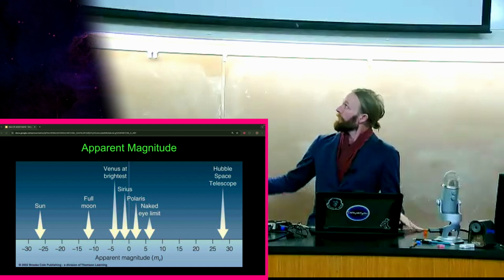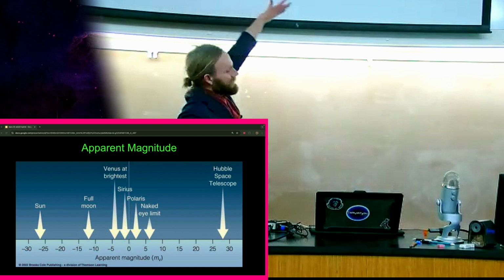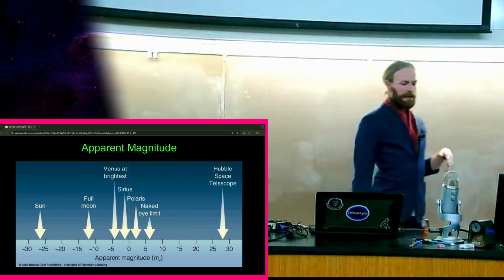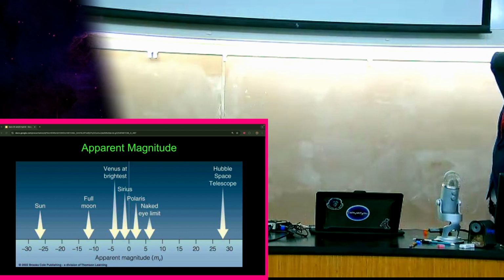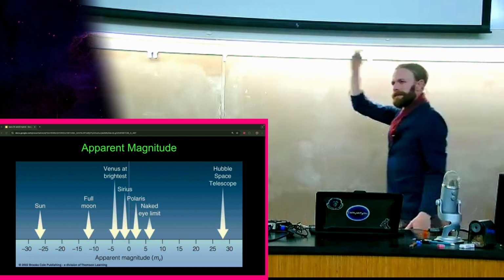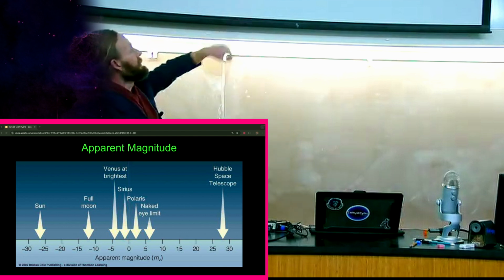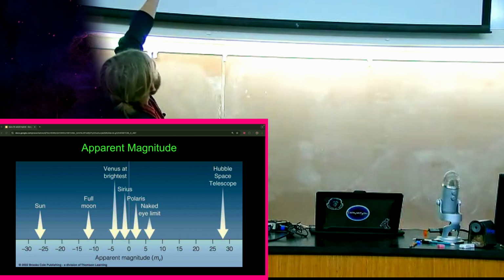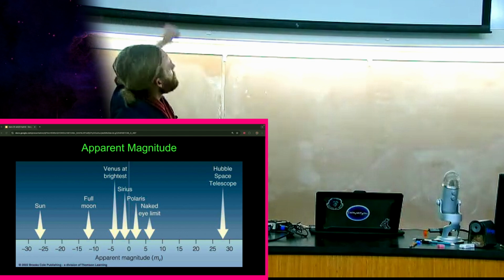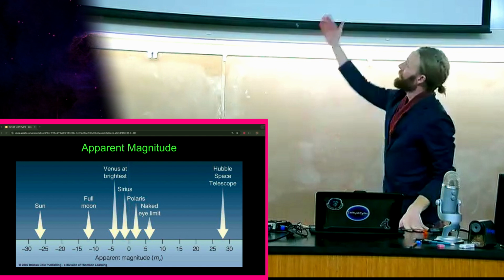Now, if you look at the scale today, it's quite interesting because we've been able to see, this has the Hubble Space Telescope, which I assume was, when this figure was made, we didn't have the James Webb. James Webb's pushed this into even dimmer ranges because we can see more dim stars. We're closer to 30 now, not that much further than Hubble. But what's really interesting is that actually some of the brightest stars turn out to be outside of the 0 point, right?